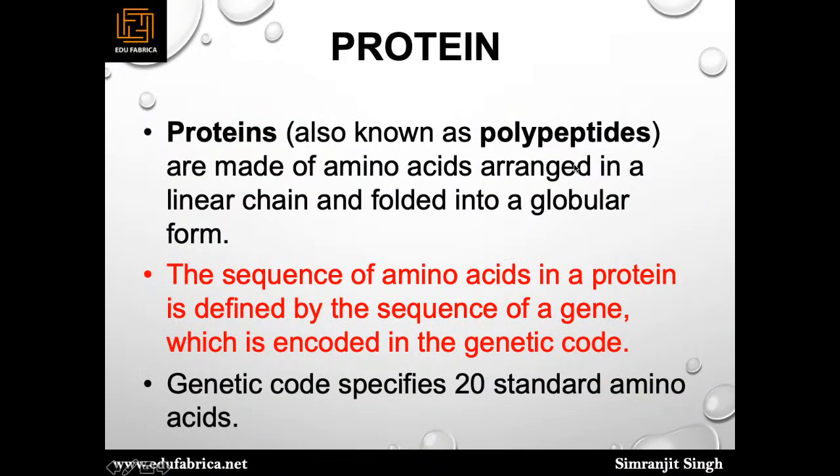That's the main difference. And proteins, also known as polypeptides, are made up of amino acids arranged in a linear chain folded into a globular form. The sequence of amino acids in a protein is defined by the sequence of a gene, which is encoded in the genetic code. The genetic code specifies 20 standard amino acids.